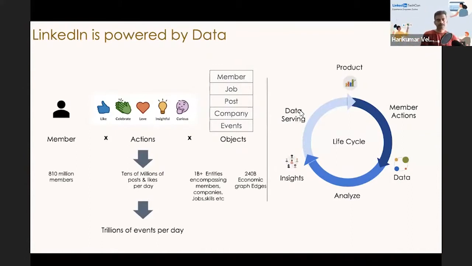So overall, to give an overview of the scale of the data, we have around 810 million members in the graph, generating a lot of actions, content, job postings, company pages, events, etc.